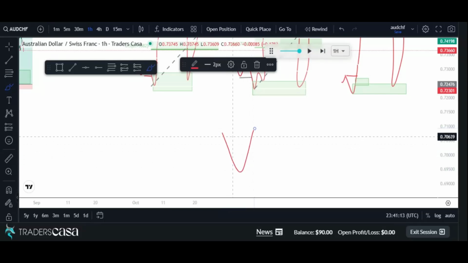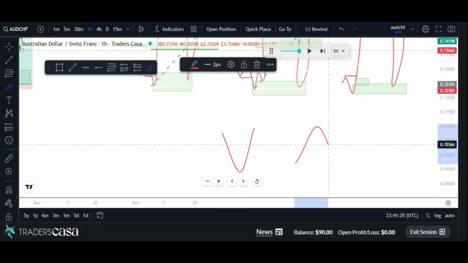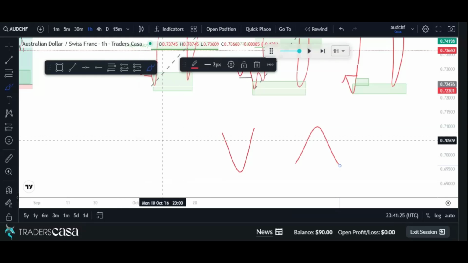Okay, it should be V shape and also an A shape, and not a clustered candle like this. Should not be like this.